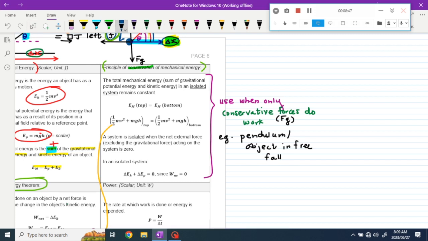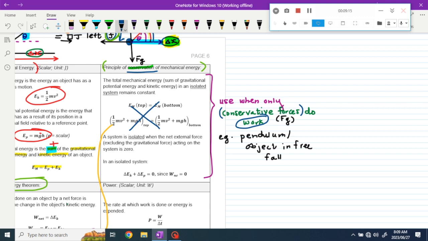So, when do we use the principle of conservation of mechanical energy? It's when the only forces that do work are conservative forces. If you have non-conservative forces, if you have a pushing force on the box, if you have friction acting on the box, if you have any non-conservative force, then grade 12s, you may not use this formula.